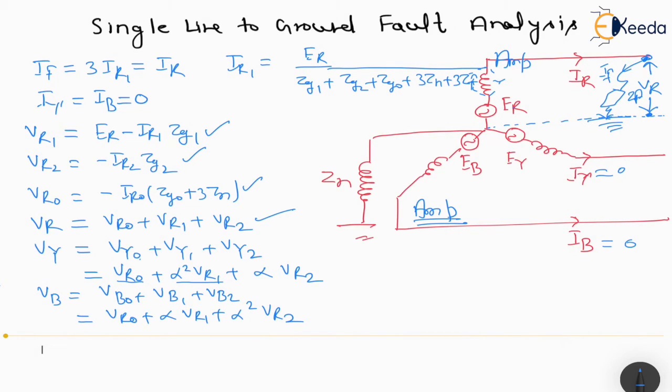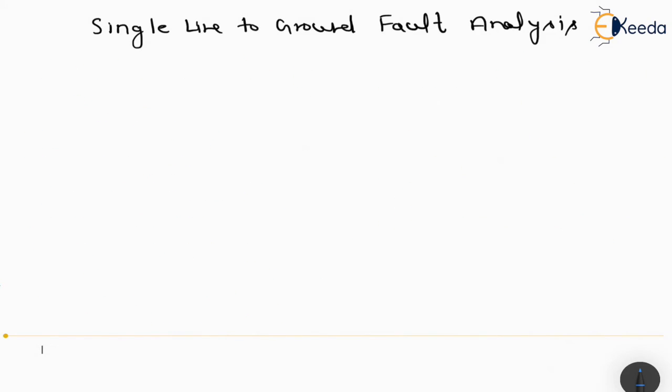Now I am going to draw one simple shortcut circuit so that you can easily get any value of single line to ground fault analysis. So we will draw each sequence network differently. This we know: ER and this is ZG1, and IR1 current is flowing, and this is plus minus VR1.